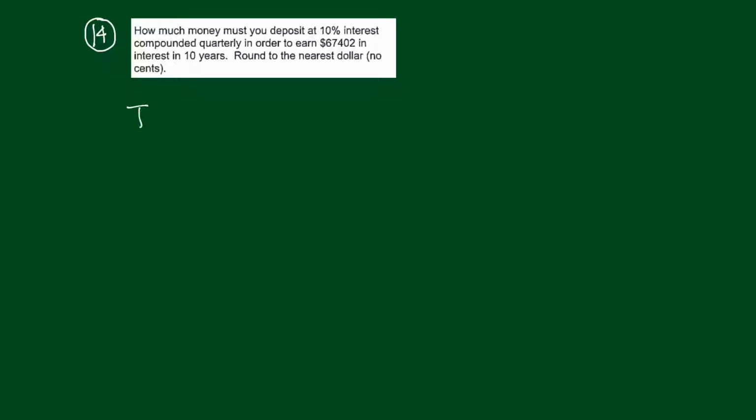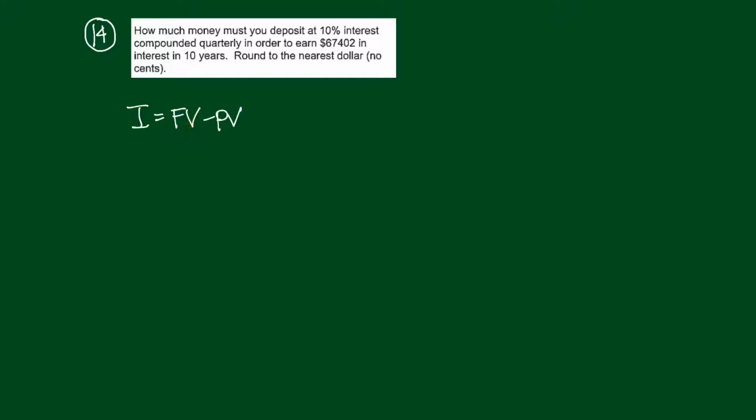The interest that I make is going to be the future value minus the present value. If I take the amount that I make in the future and subtract off how much I put in, I'll be left with the interest. What we don't know here is the present value. I don't know the future value either, but I do have a formula for it.